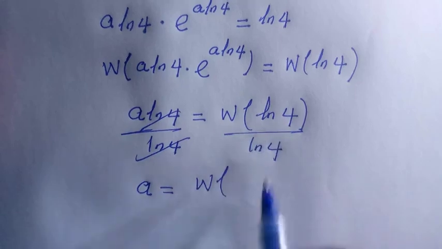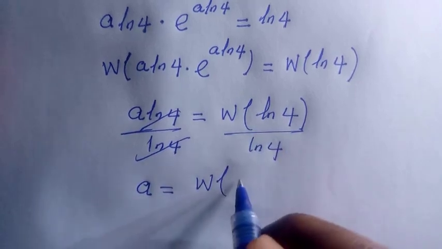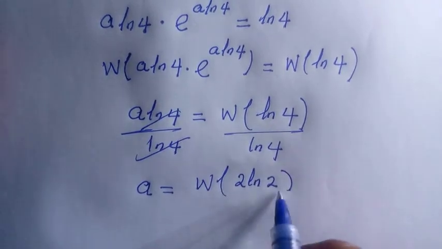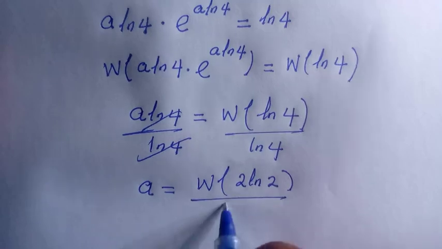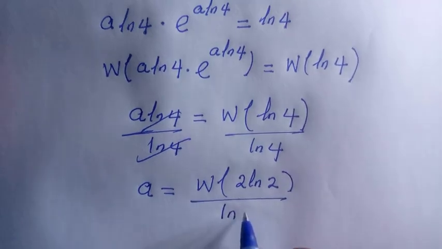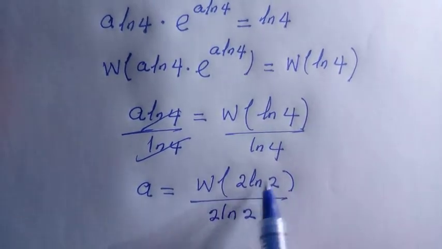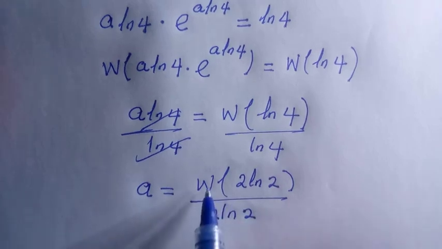But let's try to do something here. Suppose I write this as 2 ln 2. So 2 ln 2 is still the same thing as ln 4. Then everything is divided by 2 ln 2 as well. But we cannot cancel this and this, because this one is in a function and this one is not in a function.